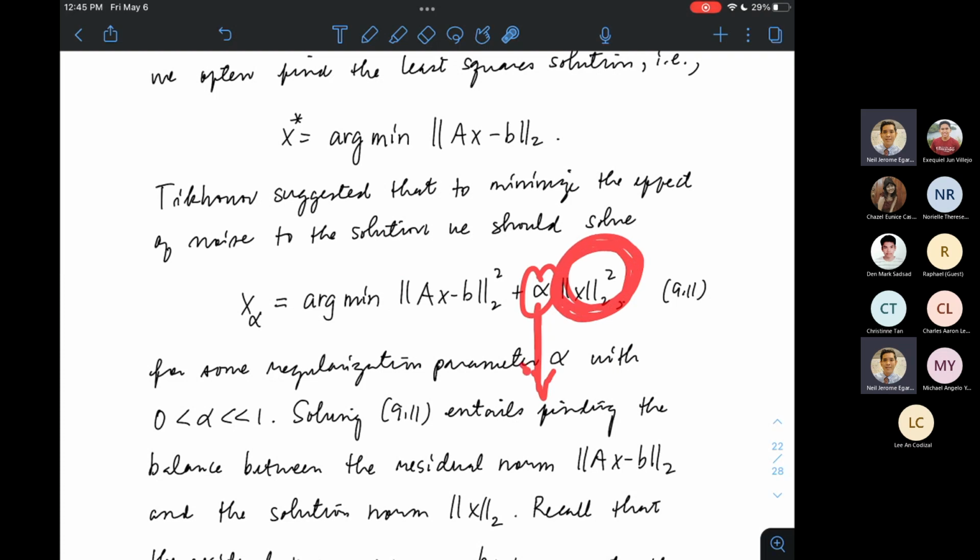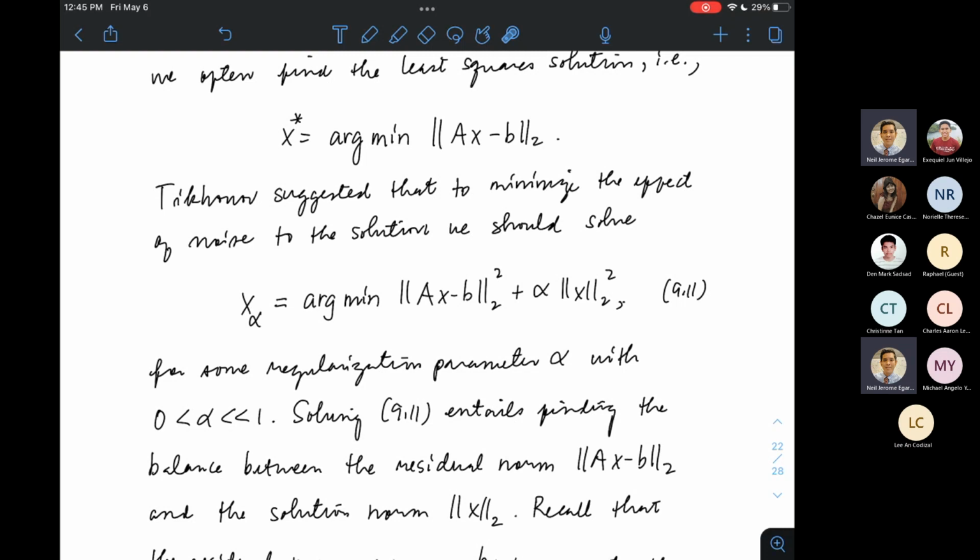Pwede itong maging malaki kasi anyway, hihigitin naman siya pababa ni alpha. At pag malaking norm ng solution, hindi natin natatanggal yung ill conditioning ng problem. So hindi natin gusto si alpha na masyadong maliit.